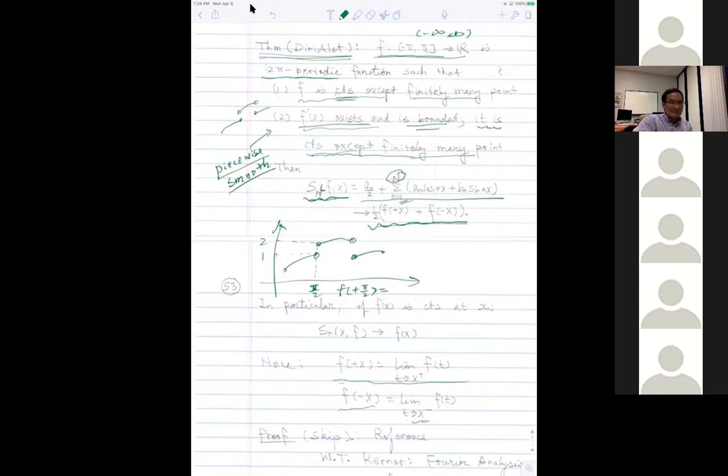I'm sorry, what was the question? The question, in this picture here, what would be f plus pi half? f plus is the right-hand limit as t approaches x from the right.